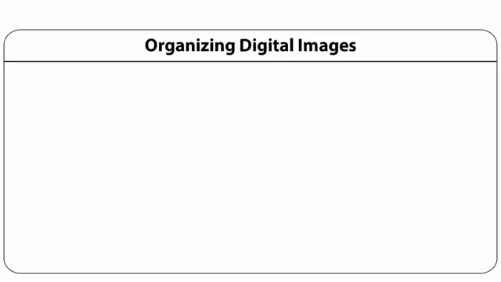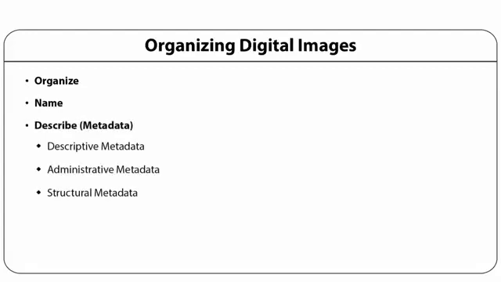Organizing digital images. The process of organizing digital images involves three steps. The first one is organize, the second is name, and the third is describe, or metadata. Let us see the first one, organize. Organize means organizing the scanned image files into a disk hierarchy that logically maps the physical organization of the documents.